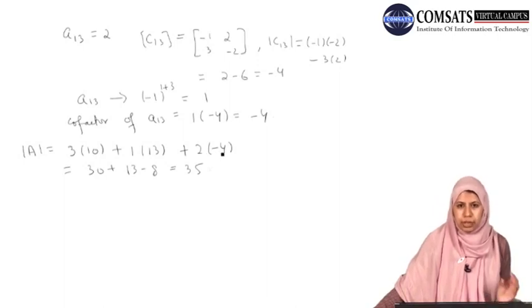The last step is to add all these products, that is, the product of A11 with its cofactor added with the product of A12 with its cofactor added with the product of A13 with its cofactor. Simplifying, we obtain a real valued number, which is basically the determinant of that particular matrix.